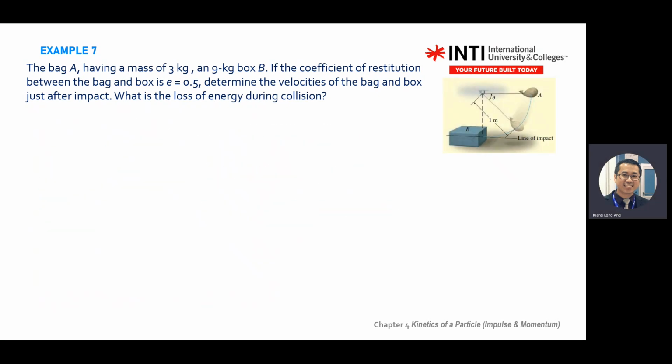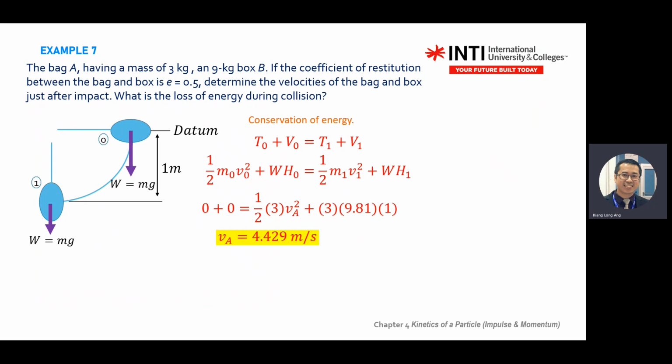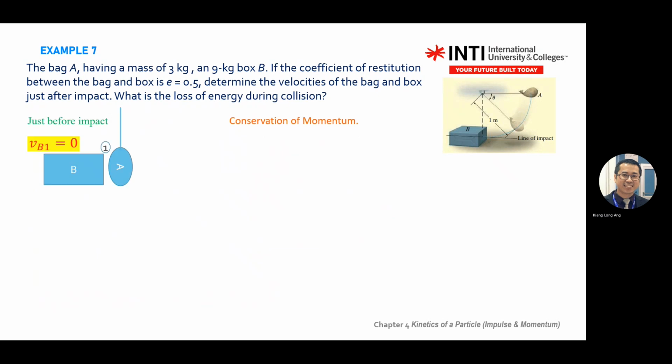So once you're done with the conservation of energy and you look at the question, if the question mentions something about energy, very high chances you need to use conservation of energy. Then you look at conservation of momentum. Just before impact and after impact, so I draw the two objects there.